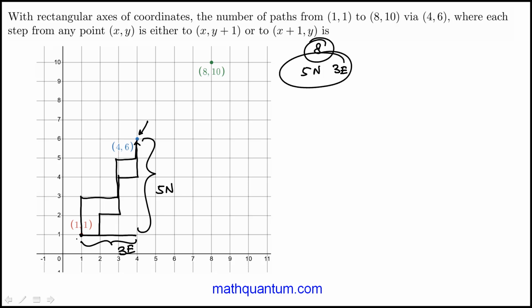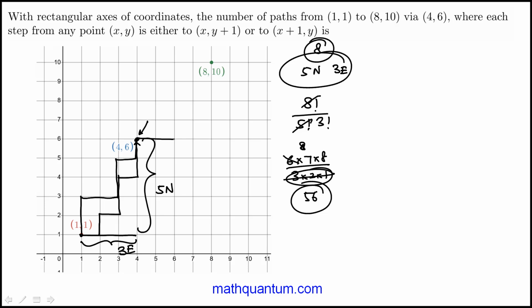That means the number of paths just to go from 1, 1 to 4, 6 would be 8 factorial over 5 factorial times 3 factorial. And we can simplify that and compute this. 3 times 2 times 1, that's 6. So that's 56. Now from this point, again, we have several options. It could be something like that. But you will notice that I'm going 4 steps east, and then 4 steps north.